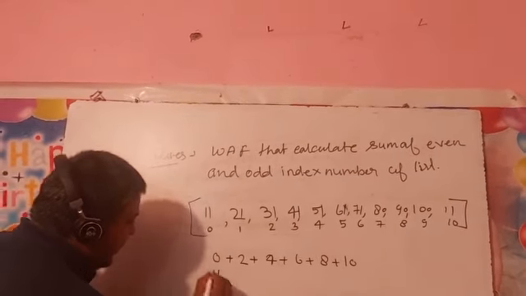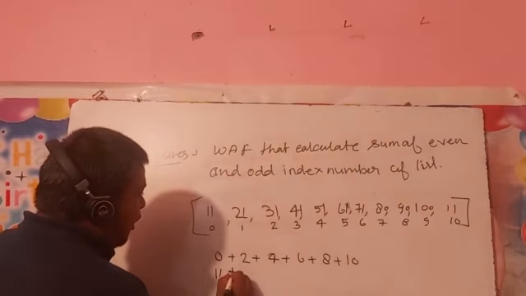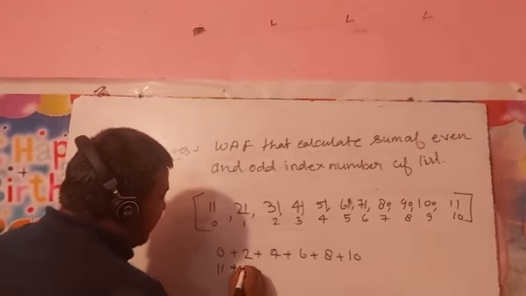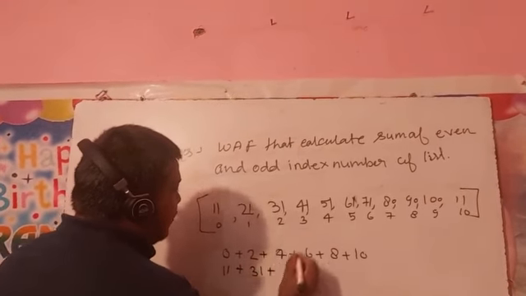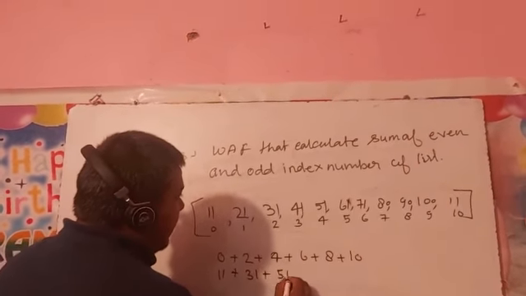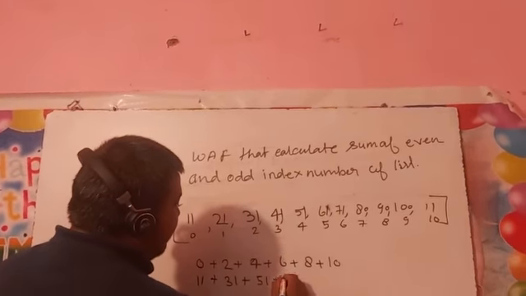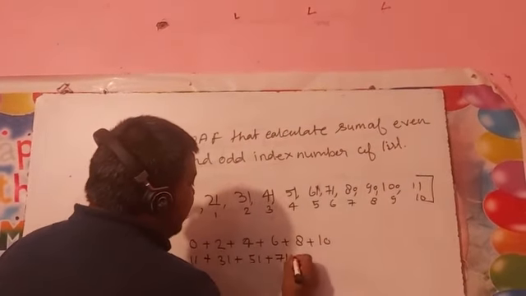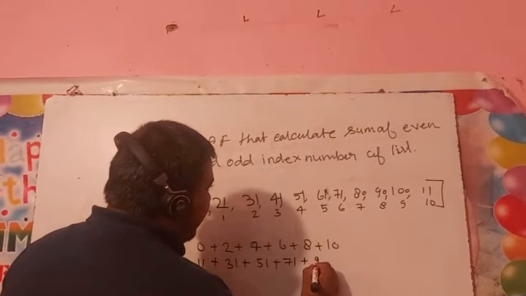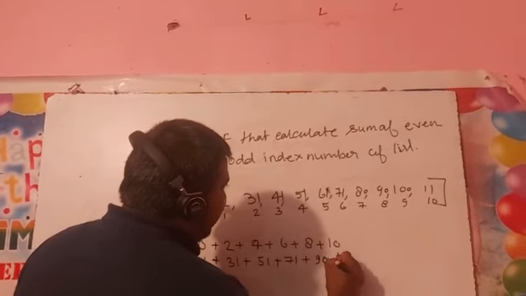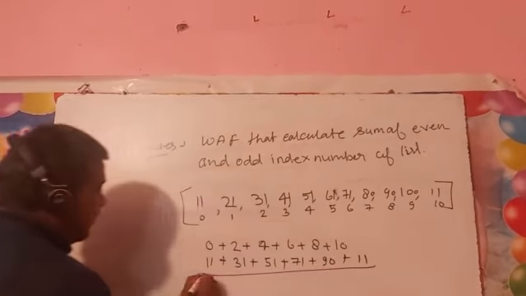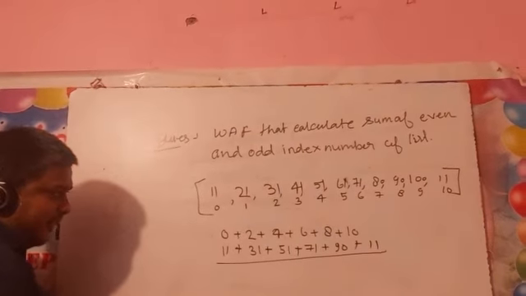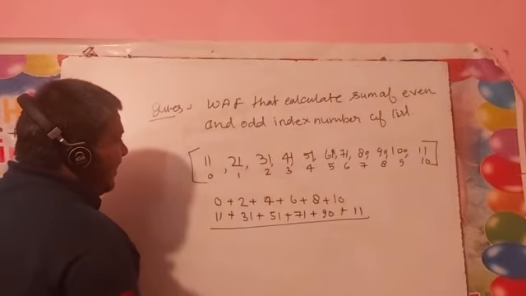On the 0 index we have 11. On the second index we have 31. On the fourth index we have 51. On the sixth index we have 71. On the 8th index we have 90. And on the 10th index we have 11. So we have to find one sum here. Again we have to find the odd index sum also.